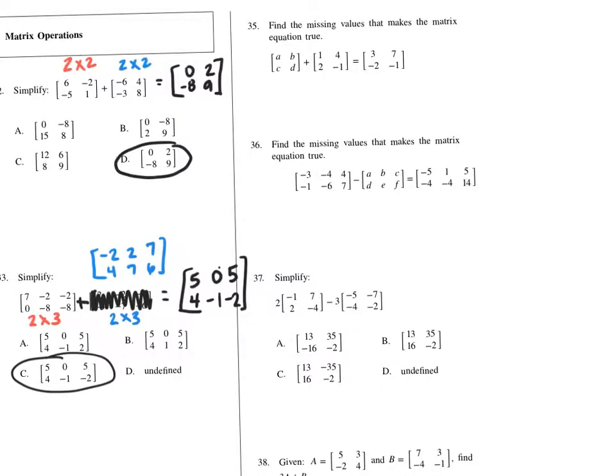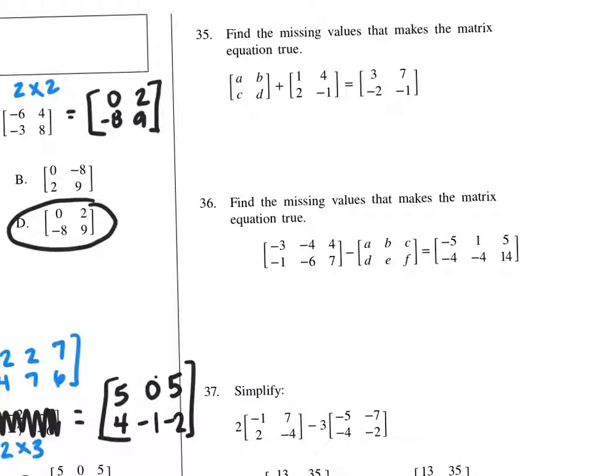If we look at a problem like number 35, it makes us use matrix equations to solve. And remember, in order to do it, the dimensions have to be the same. So we have a 2 by 2 that we're going to add to another 2 by 2, and I should get back a 2 by 2. All I'm going to do is add up the elements together. So I get A plus 1, and when I add those up, they should equal 3.